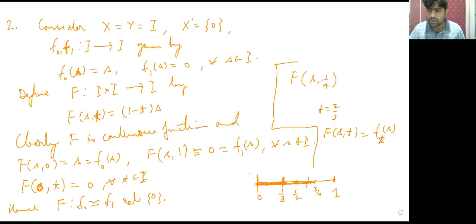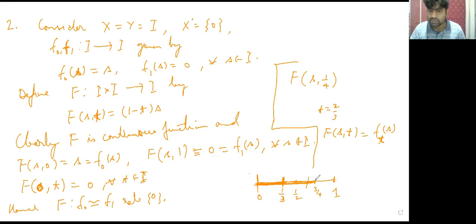When t is 1 upon 4, then half, then 3 upon 4, something like that, the ranges are getting shrunk, right?